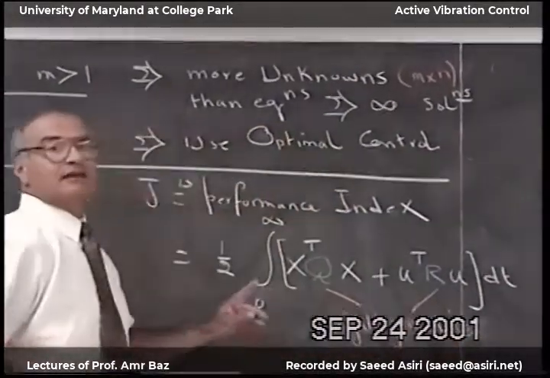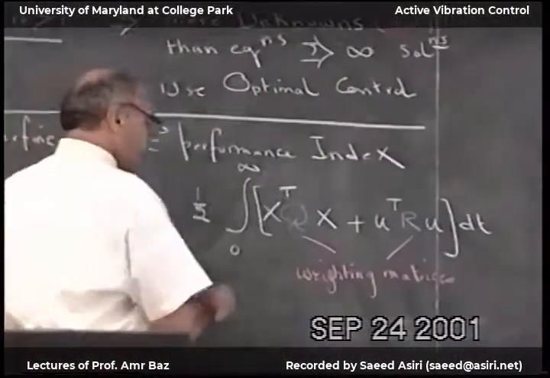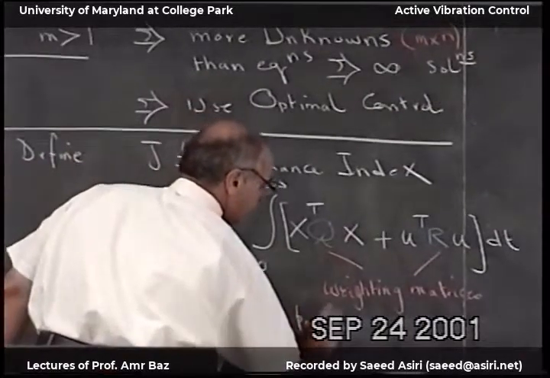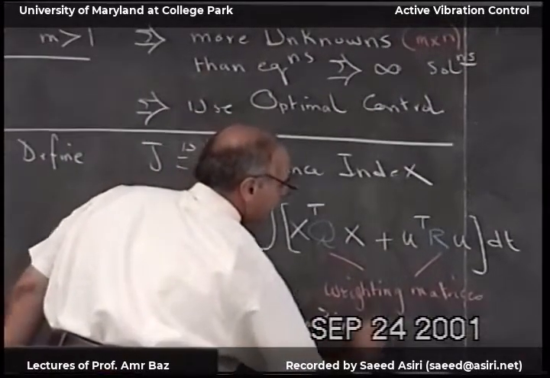And what we said last lecture, that these matrices are positive, semi-definite, and symmetric.